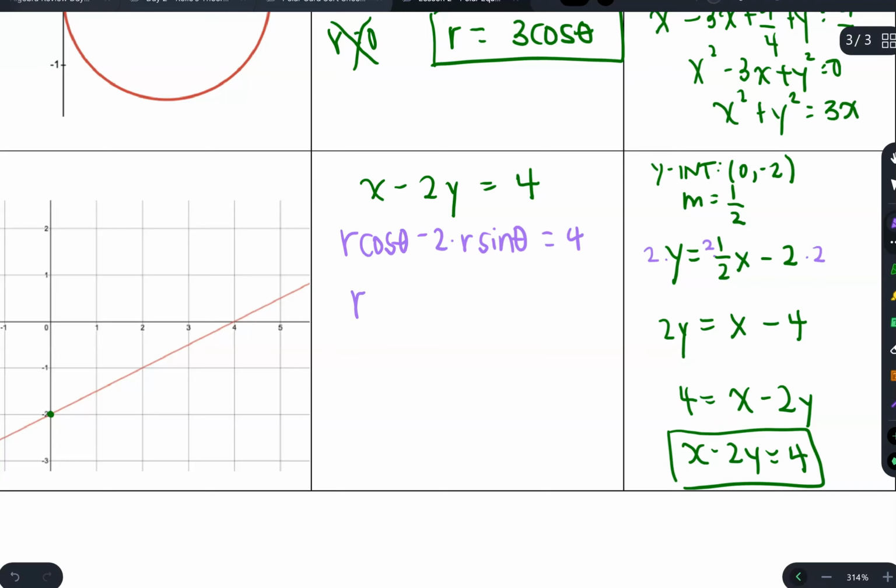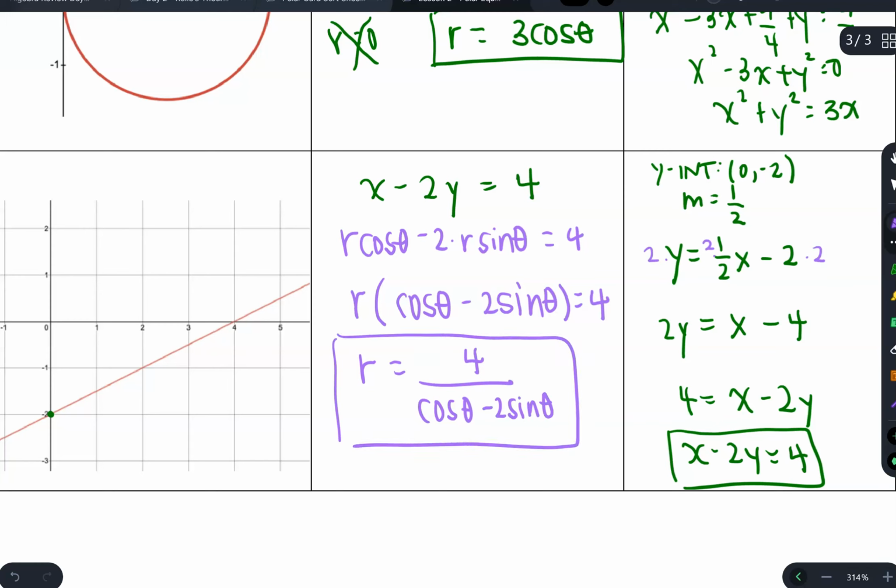Factor out the r here. So we'll have r times cosine of theta minus 2 sine of theta equal to 4, and then divide both sides by that. So r will be 4 over cosine of theta minus 2 sine of theta. So that is going to be a congruent polar form to this linear equation.